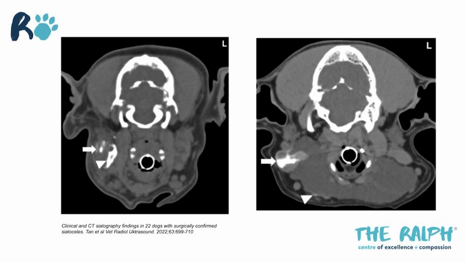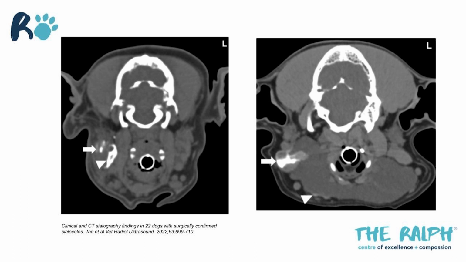So in both cases, after catheterization here, this is the sialocele on the left image, and this is the salivary gland highlighted here, pointed by the arrow. And here, this is the sialocele, all of this, and this is the affected gland pointed by the arrow. Do you want to guess?